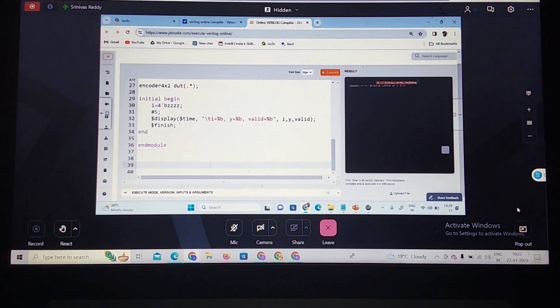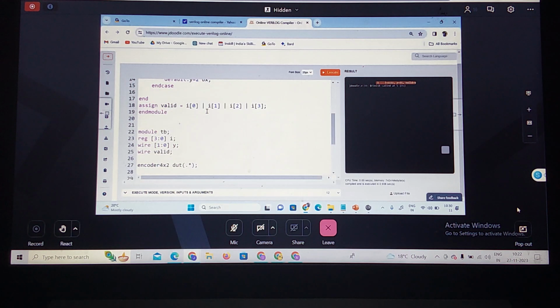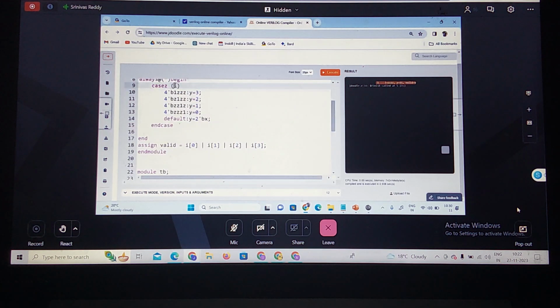So in this case, all are X, but this is not working as an encoder here. You can see the input I am giving: I is equal to Z, when all my inputs are Z. What is the program we have done? When I is all Z, it is taking Y is equal to 3, and valid is also unknown.